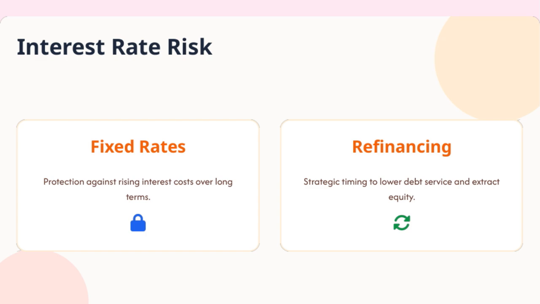Another critical point is protection against rising interest costs over the long term. Locking in fixed rates can shield us from potential increases in interest rates that could otherwise inflate our expenses over time. This ties into the concept of interest rate risk. It's the danger that fluctuations in interest rates could impact our debt costs.